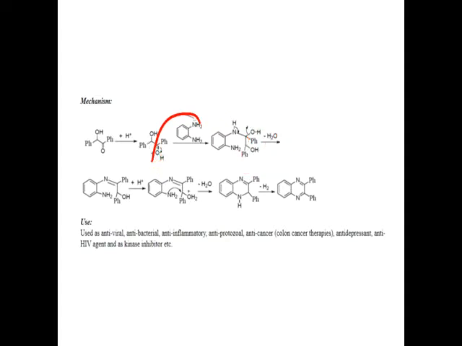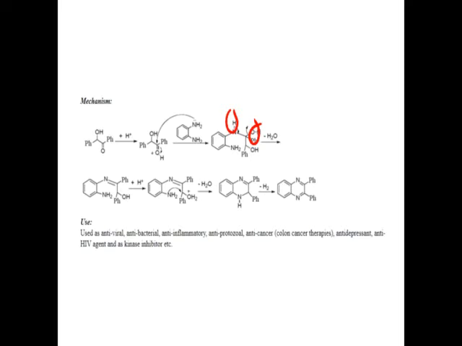In the next step, what happens? Here a hydroxy group is present, here a hydrogen is present. Again they react together and emit a water molecule, and when the water molecule is removed, a double bond is created. You can observe this double bond between this nitrogen and this carbon. That is the third step.